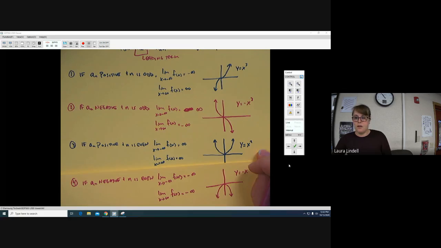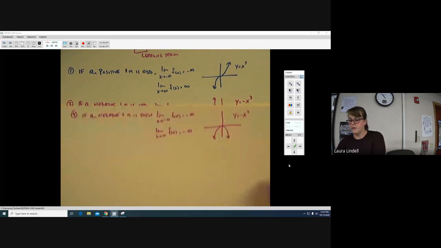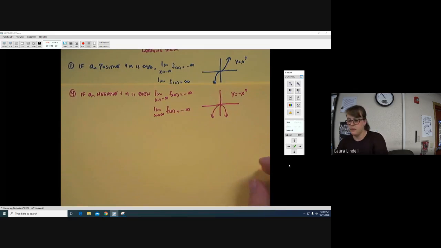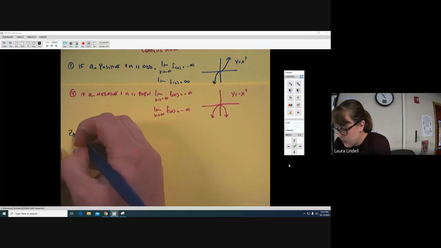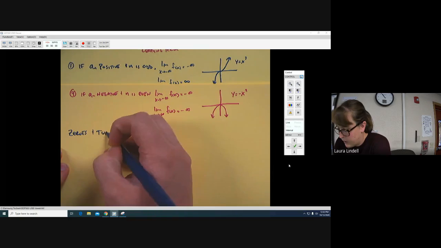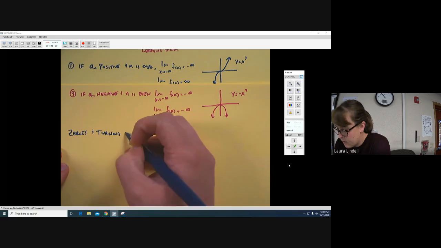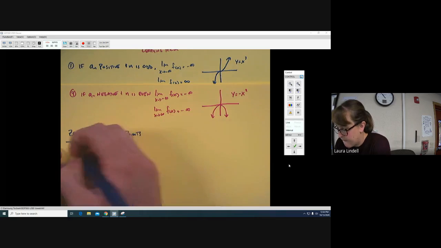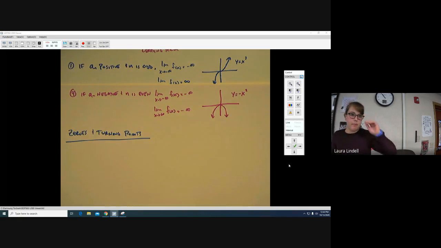Okay. So the next thing we're going to talk about is zeros and turning points. We can also use the degree of a polynomial to tell us the maximum number of zeros and the maximum number of turning points for the polynomial.